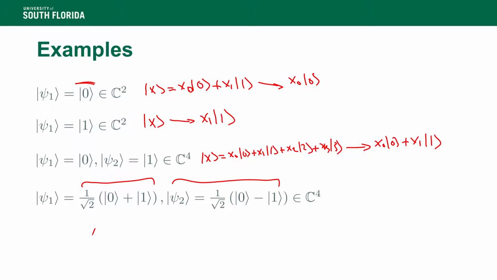Then we will map x to 1 over square root 2 times (x0 plus x1) times psi 1 plus 1 over square root 2 times (x0 minus x1) times psi 2, and you can verify that by expanding those products, okay?